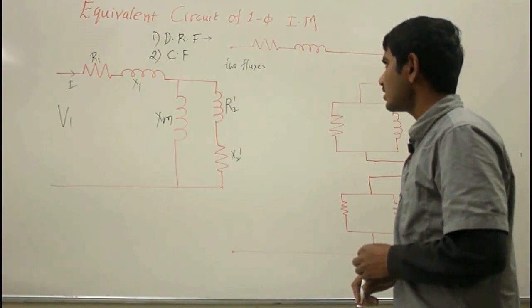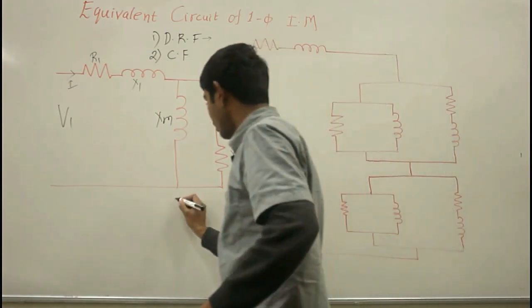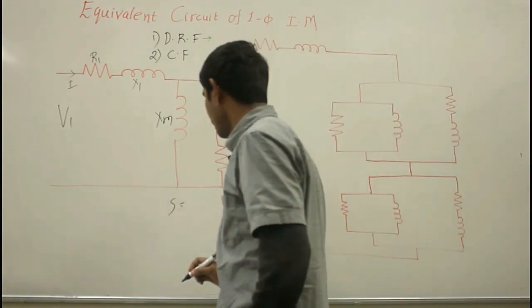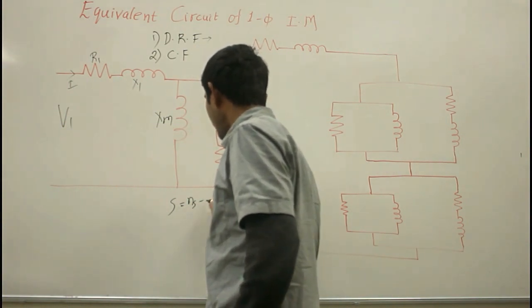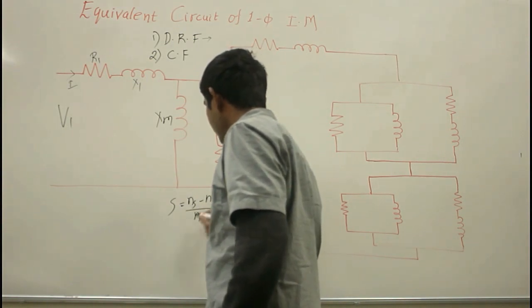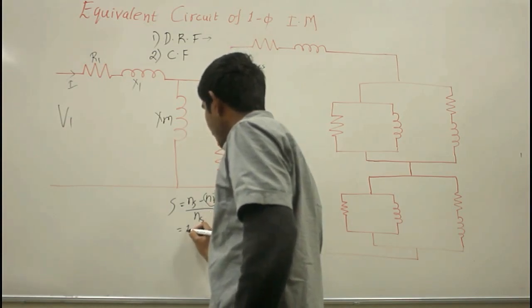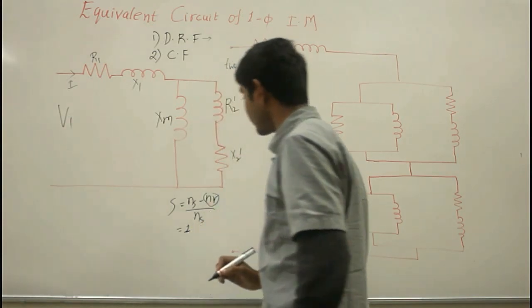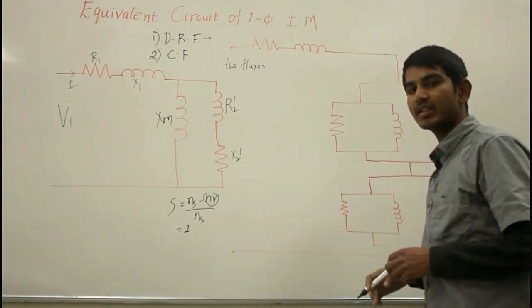I know the slip is the ratio of the difference of synchronous speed and actual rotor speed to the synchronous speed. At standstill, NR is equal to 0, therefore the slip is equal to 1. So at standstill you do not have the effect of slip in the equivalent circuit diagram.